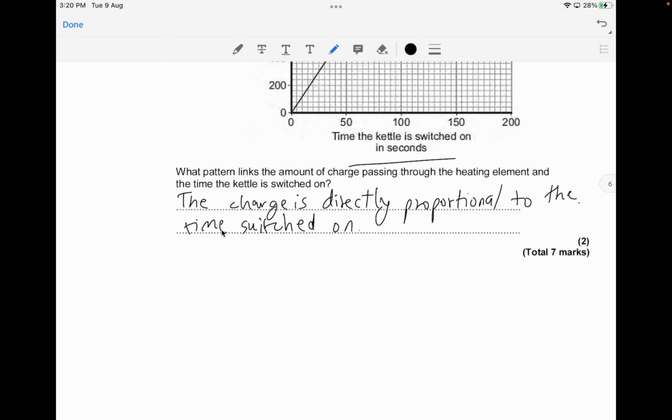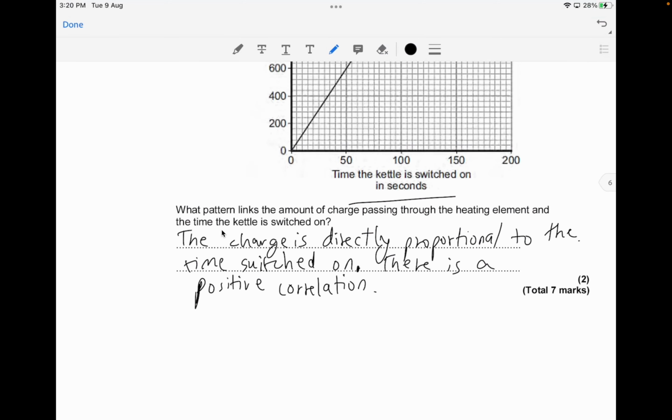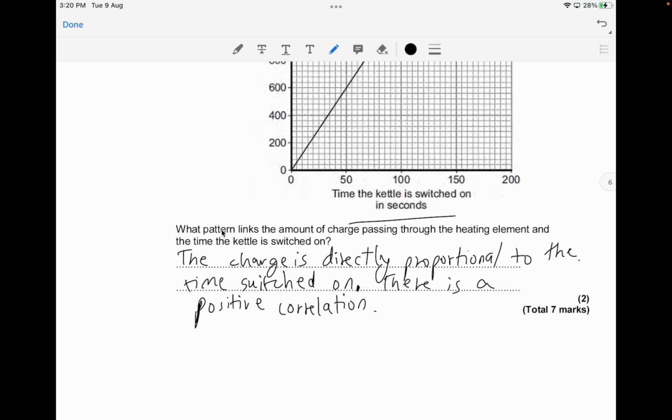You could also mention that there is a positive correlation. That could be another point that you can write down for an answer. You can also mention that they are proportional to each other. You can also mention that the longer the time it takes to boil, the greater the amount of charge that's been given. Alright, so this should be your answer for this type of graph question.